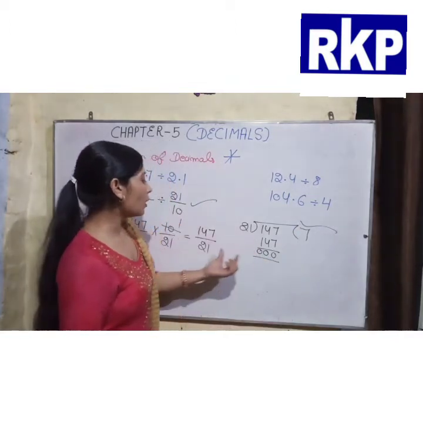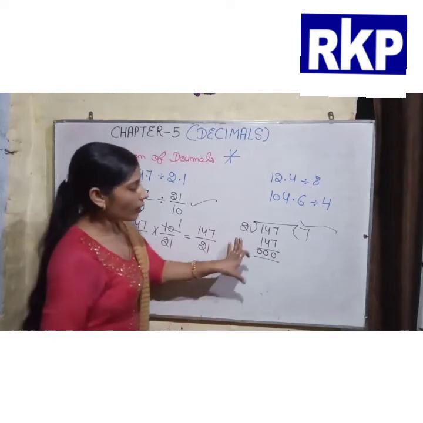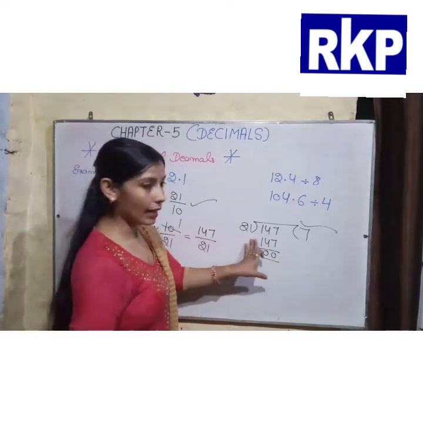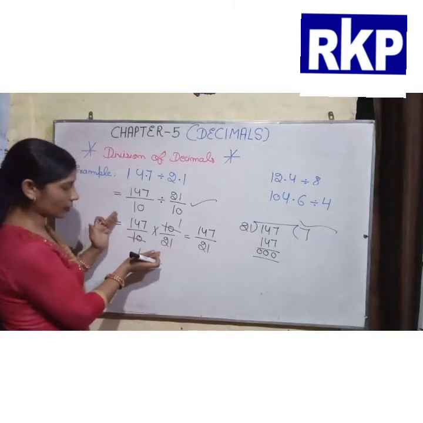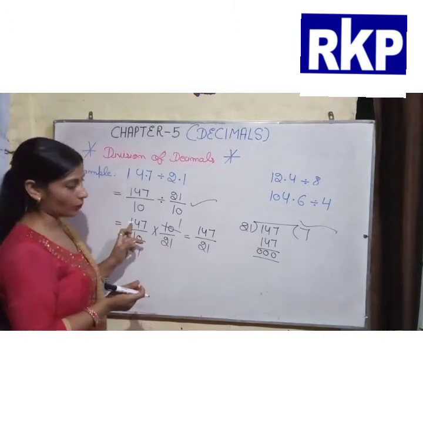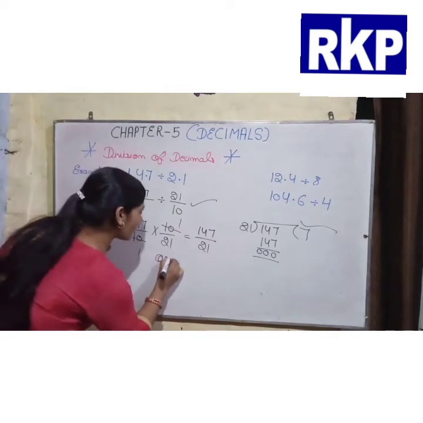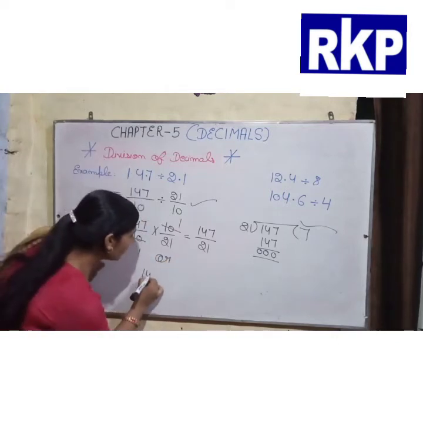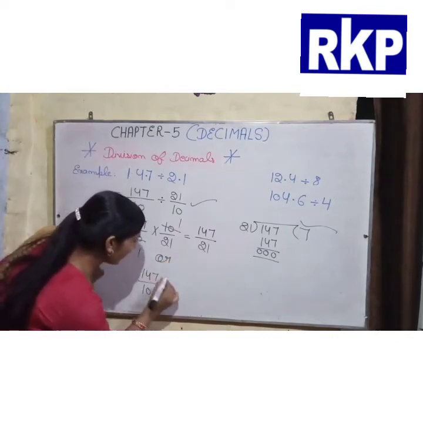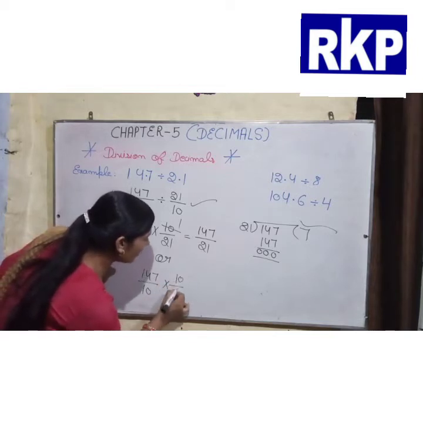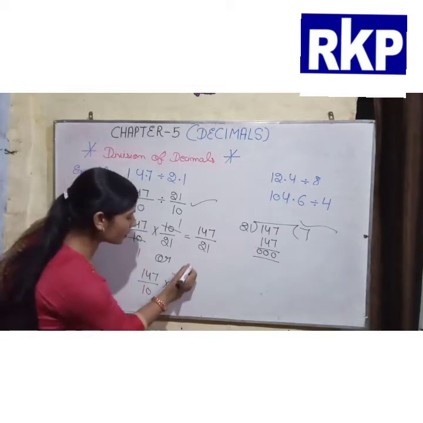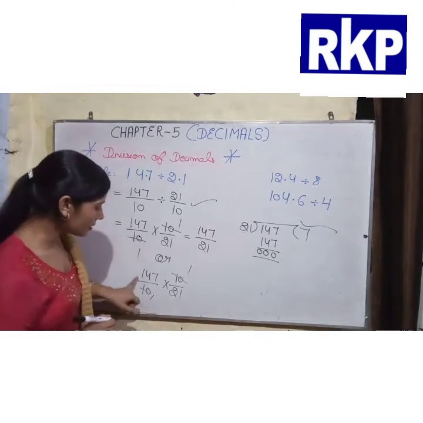And now beta let us see, if we do not divide like this, then what else could we do here? We can cancel this also. Okay, what else can we do instead, like this also. Here we have 147 by 10 multiplied by 10 and 21. Cancel this and this. Now let us see.